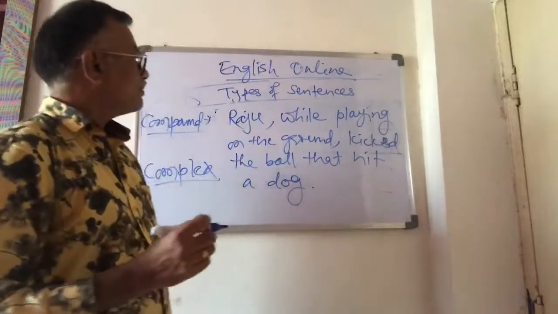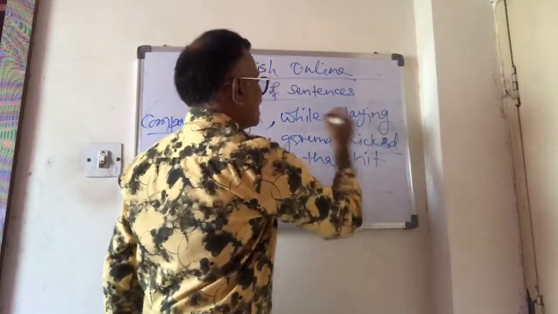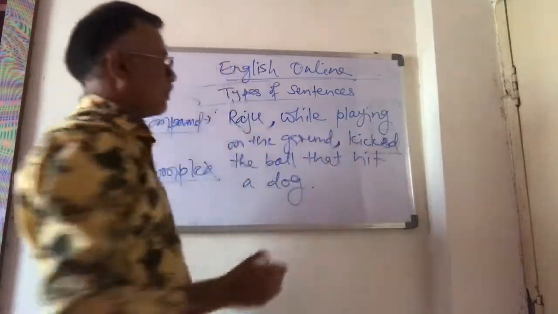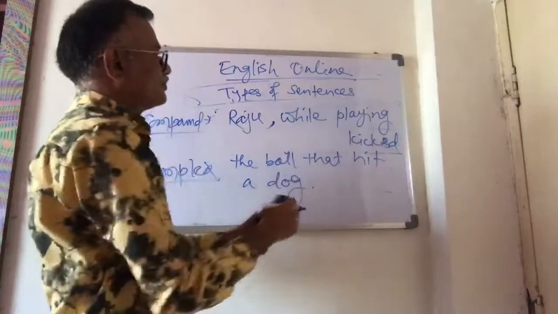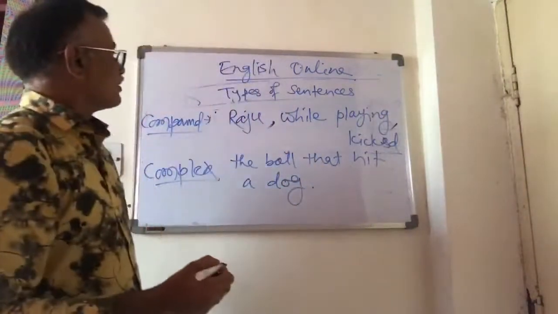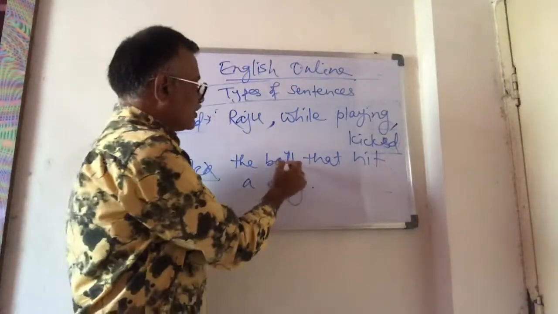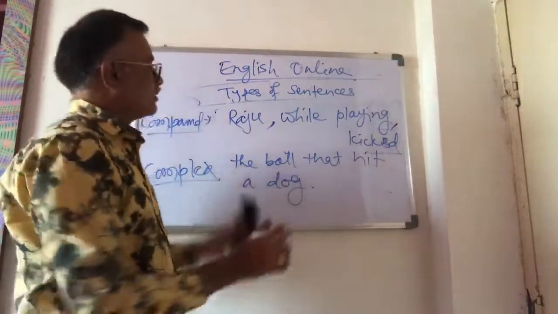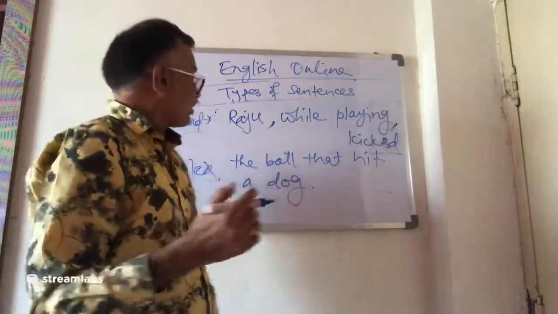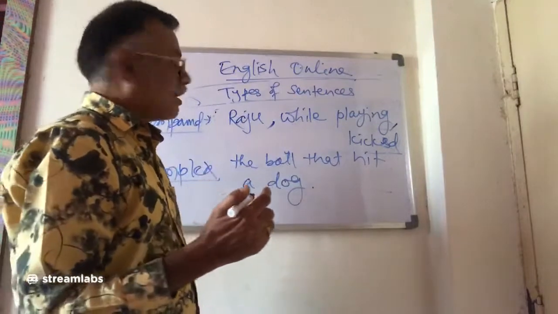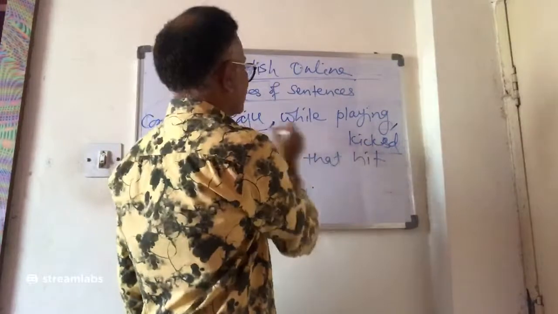As you can see, Raju, while playing on the ground, or simply, if we delete this one for an example, Raju, while playing, kicked the ball that hit a dog. Combined together, we find that there are a few problems here. This is the subject.